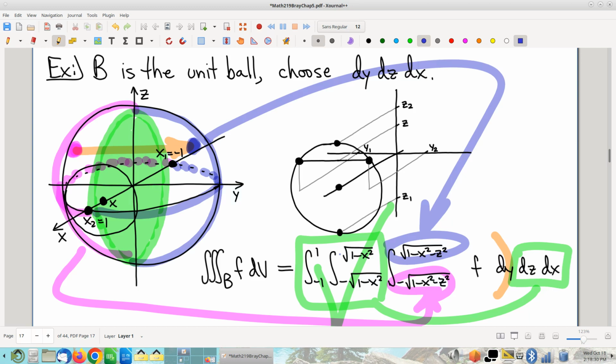So for given values of x and z, in other words, we're going to assume that we're looking at some specific point. That doesn't show up very well. Let me do it like this. For some specific point in that green disk, right? And then you look at the range of values of y corresponding to that point in the green disk. So x and z are fixed. The outside variables are always fixed when you're thinking about the inside variables. Is that cool? Yeah. Okay. All right.